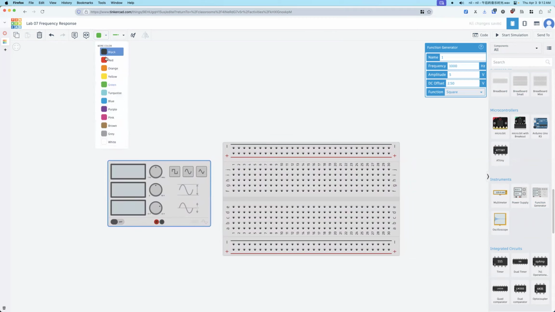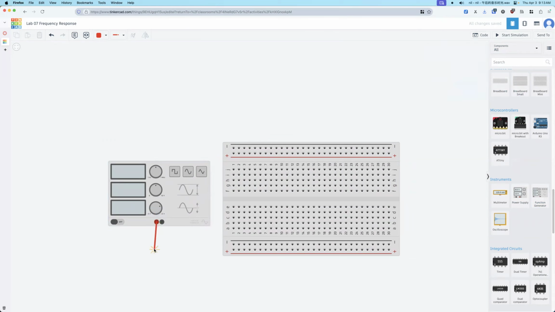Then connect the function generator's positive terminal to the breadboard. So this is positive, then positive to positive. These two red power lines are connected. Then negative.